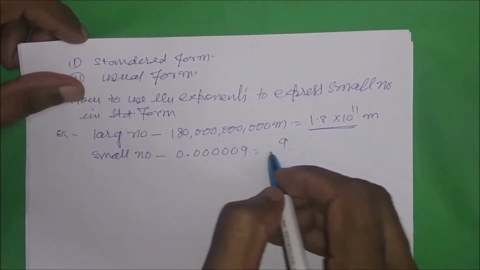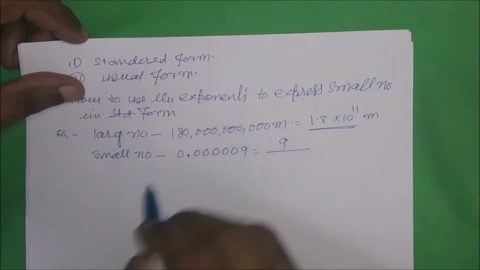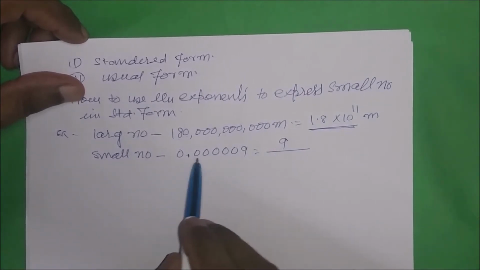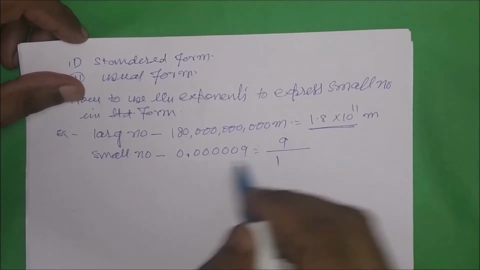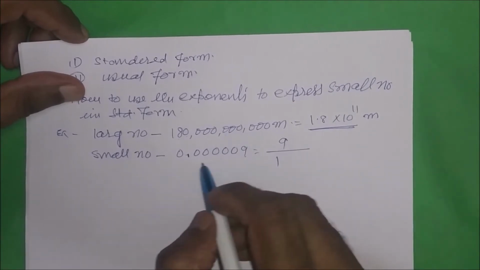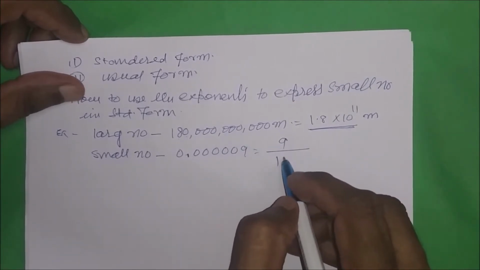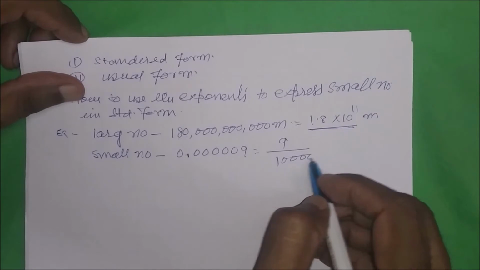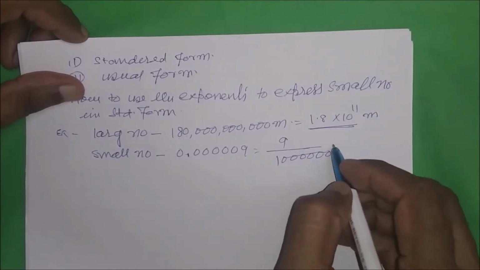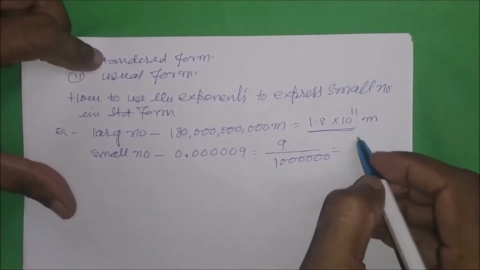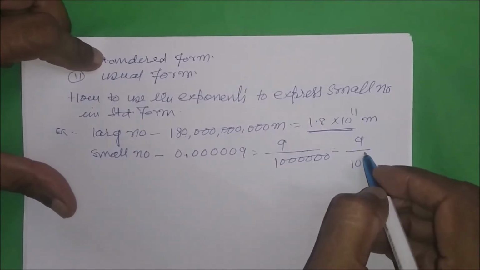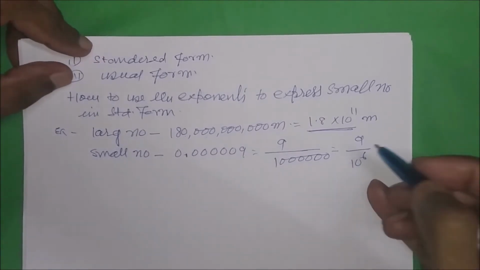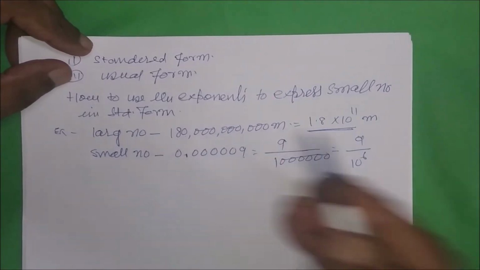You write 9 upon, after the decimal point, how many digits are there up till here? 1, 2, 3, 4, 5, 6. So in place of the decimal, you write 1, and after that 6 zeros. So you can write 9 upon 10 to the power 6. This is in standard form, a small number I have given you as an example.